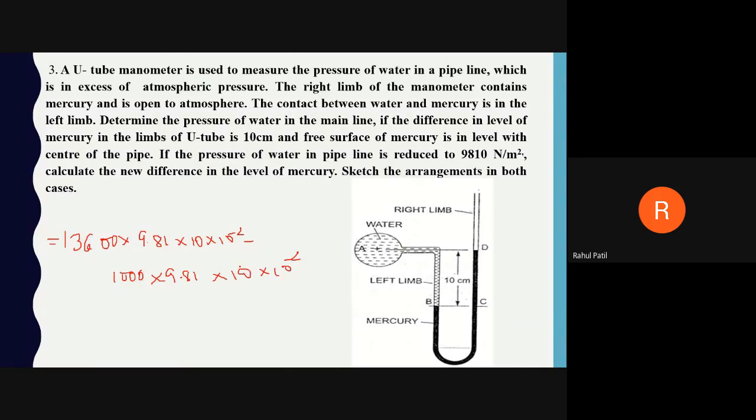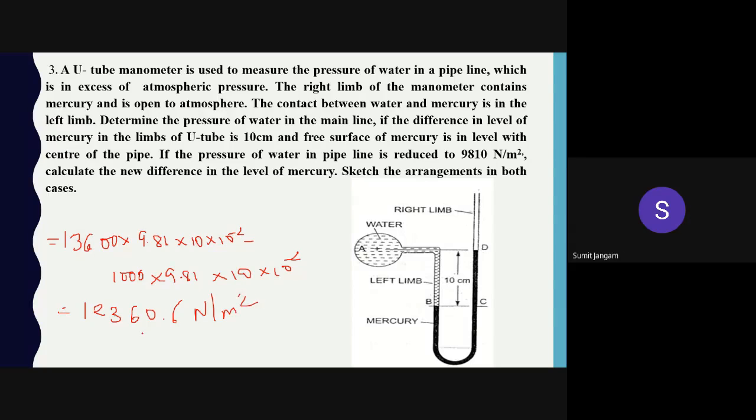136. Check. 294.3, sir. Check again. 12.36 into 10 raised to 3. 12360.6 Newton per meter square.